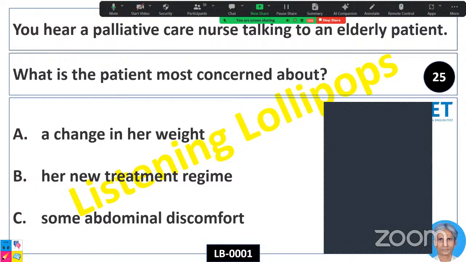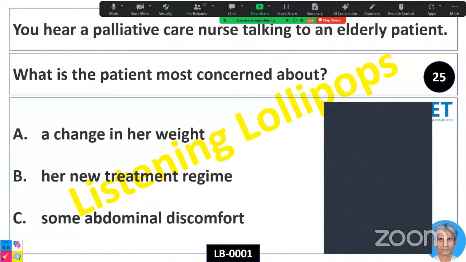Come on, write down. Do you know that concern is related to another word? Bother, worry, disturb, distress, upset. Very good. What is your concern? Means what is your problem?